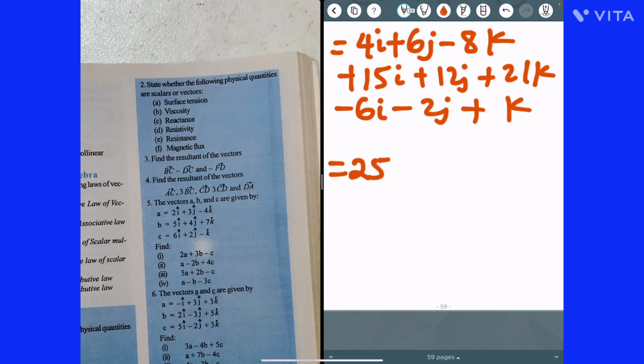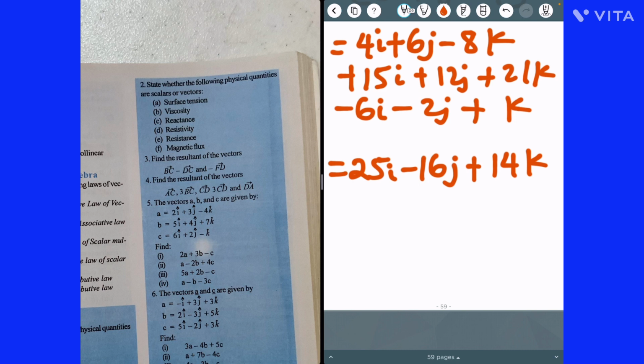So that's 25I. 6 plus 12, 18. 18 minus 2, 16J. Then minus 8 plus 21 is 13. 13 plus 1, 14. Plus 14K. Is that clear?